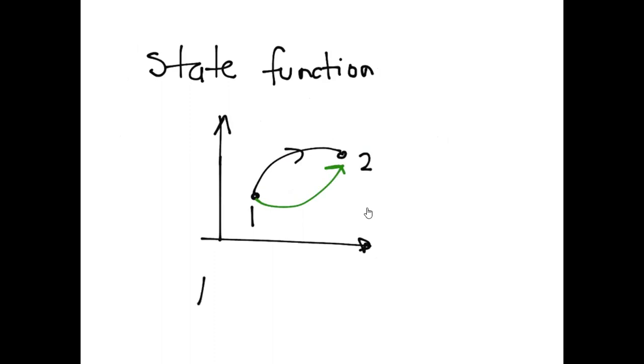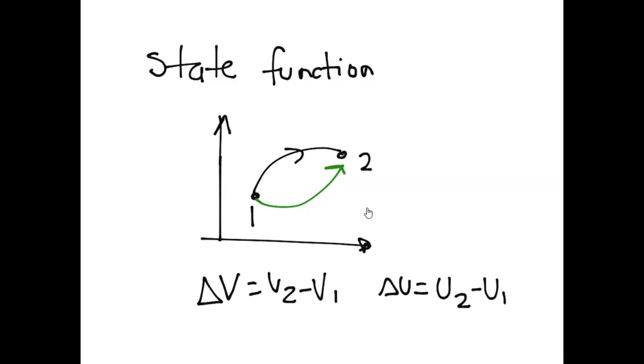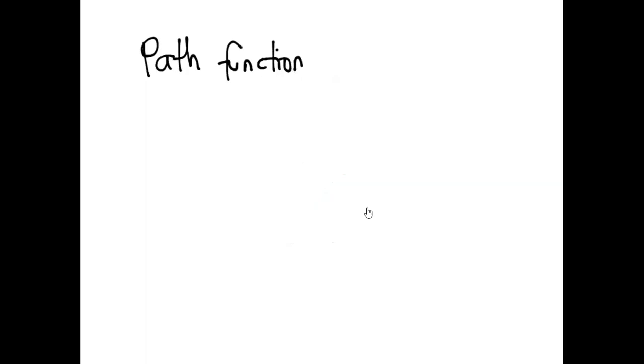So for instance, volume is a state function because you only care about how the volume changed, final minus initial. The same is true for internal energy. You only care about how internal energy changed, final minus initial. So that's a state function.